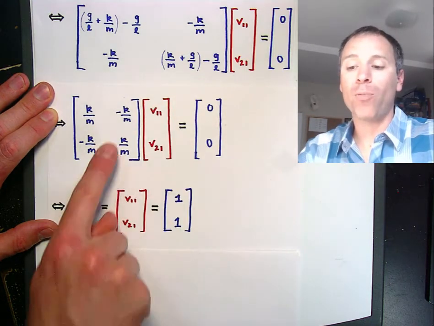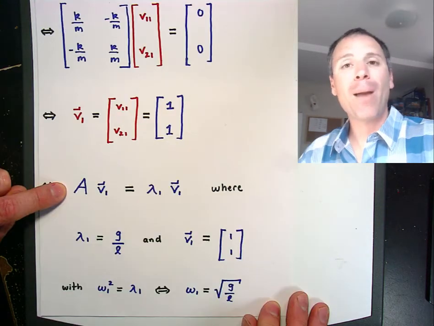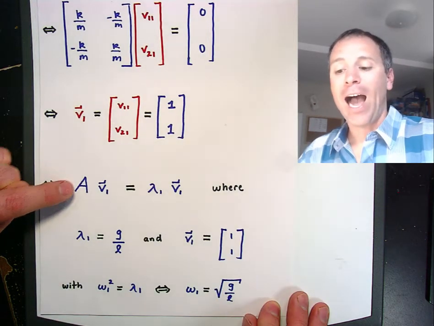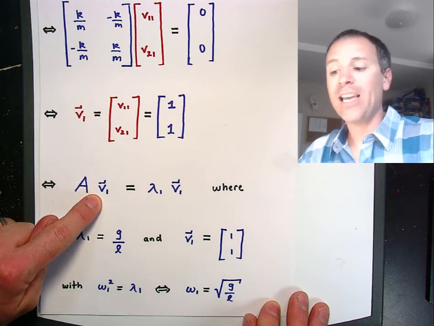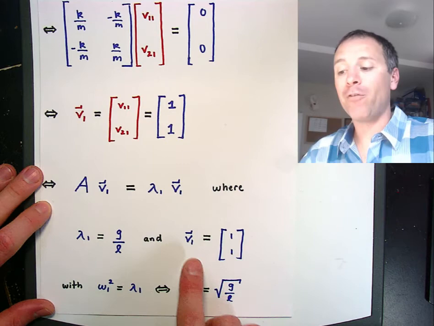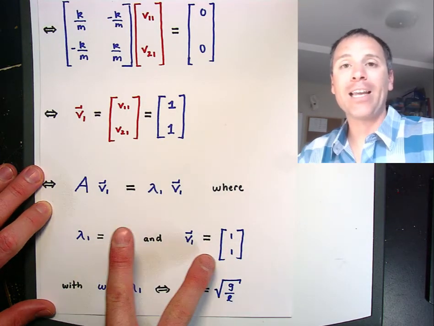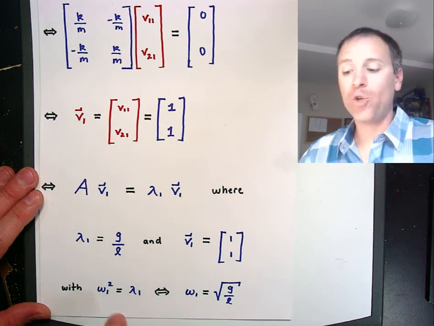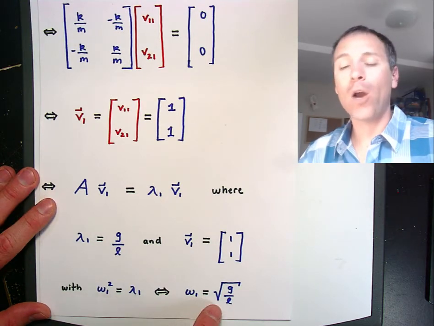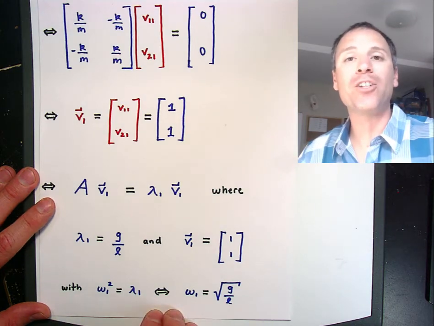In other words, when I multiply this matrix by 1, 1, I get 0. Which means for my modeling matrix A, I know that A times v1 is lambda 1 times v1, where lambda 1 is g over L and v1 is 1, 1. That is an eigenvalue eigenvector pair. This corresponded to a natural frequency of the square root of g over L in our actual system, which has an interpretation which we'll get to in just a minute.